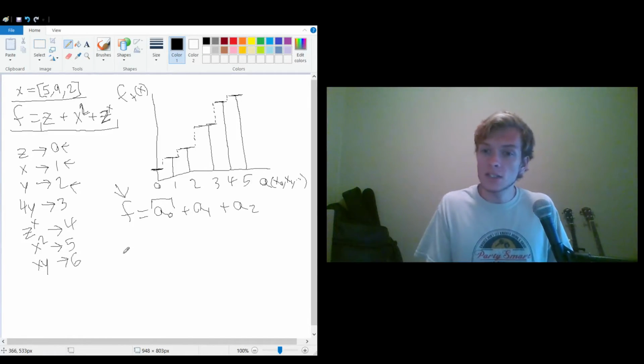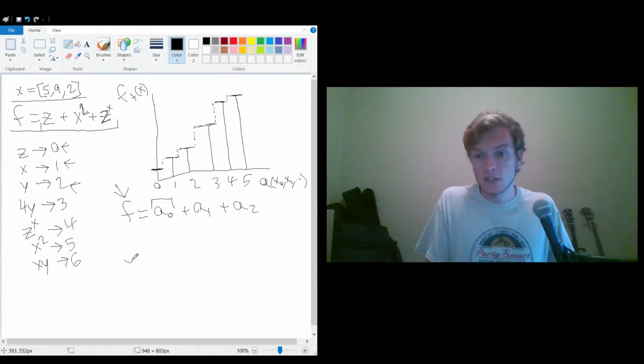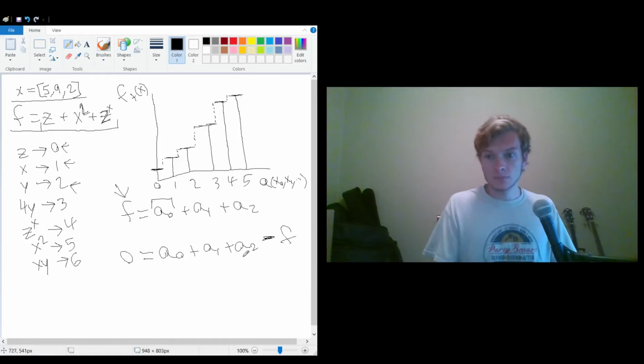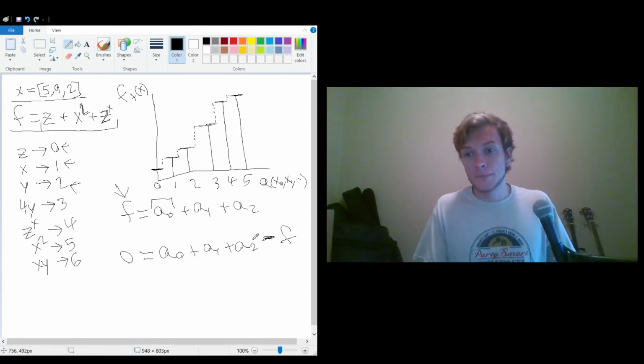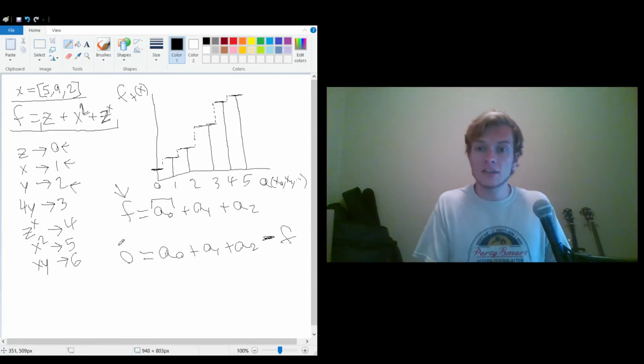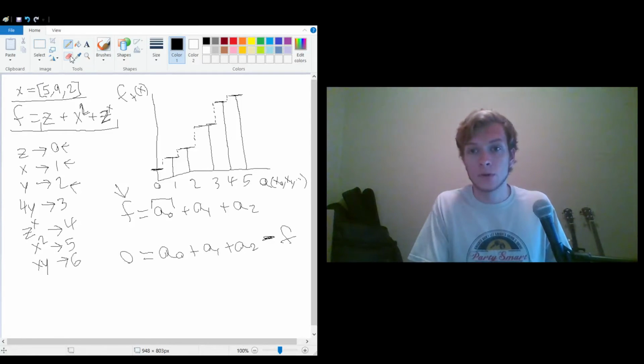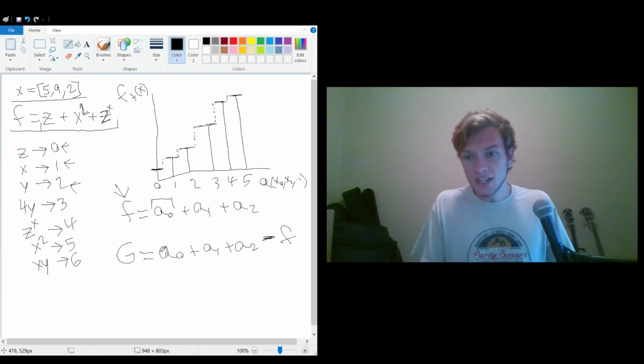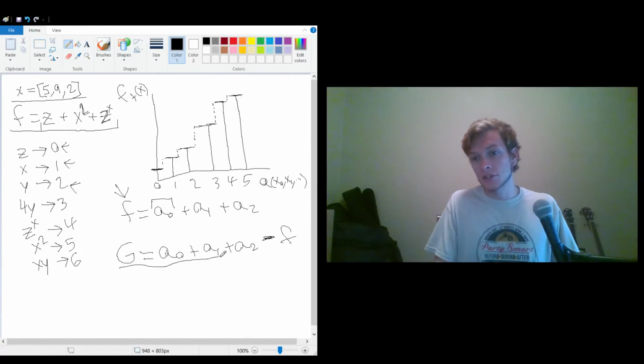And the way it does this is by saying that 0 is equal to A0 plus A1 plus A2 minus F. And then, so you find out, this is the function we're working with. So we're saying that this is going to be, I don't know, G. So G is equal to this function.